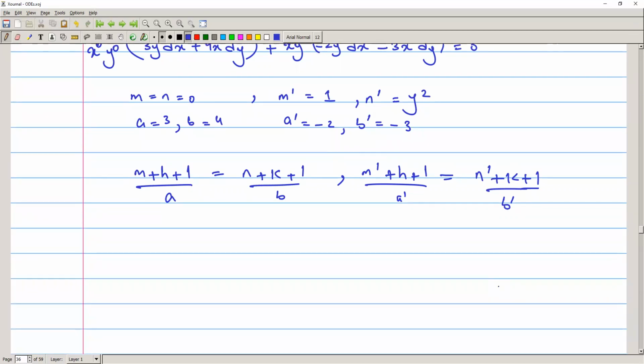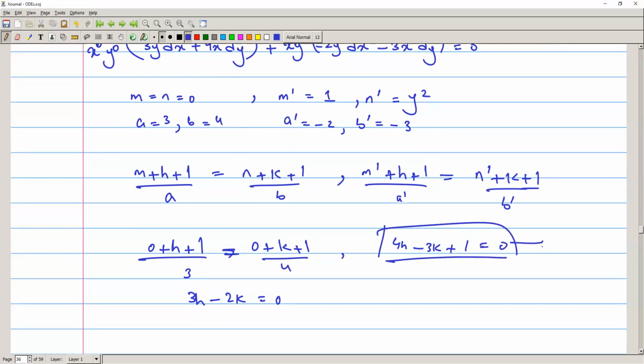So we need to apply this formula, and we will have (0 plus h plus 1) over a, that is 3, and then (0 plus k plus 1) over b, that is 4. So we have the equation 3h minus 2k is equal to 0. And from here we will have 4h minus 3k plus 1 equals 0.